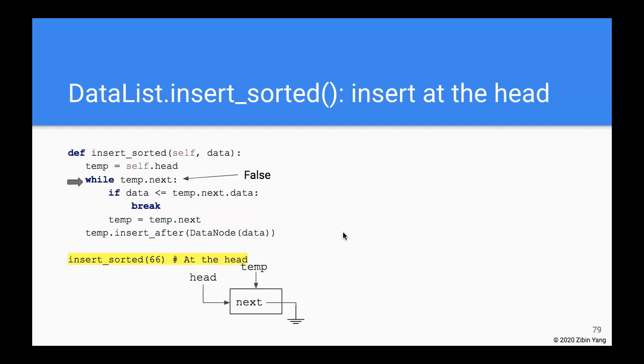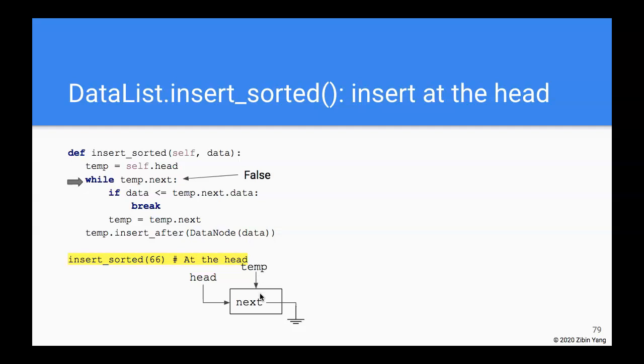So the first case is we're going to insert data into an empty list, and so it should be inserted at the head as the first element of the linked list, right? So the number we're inserting is 66, and so we initialize the temp to point to the head, and the first condition is while temp dot next is true.